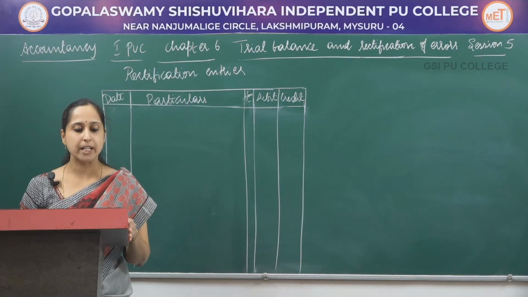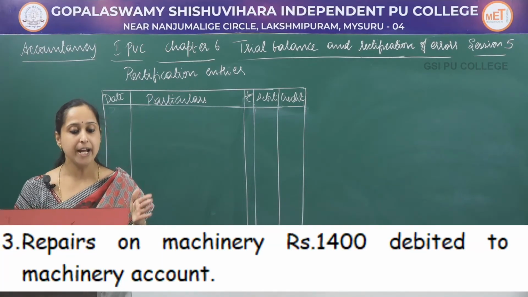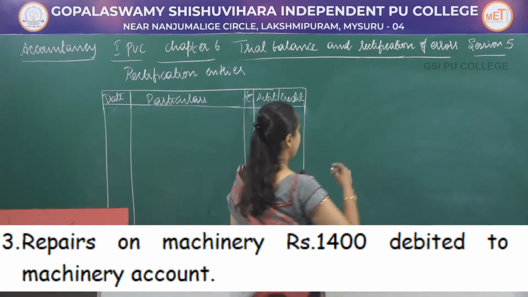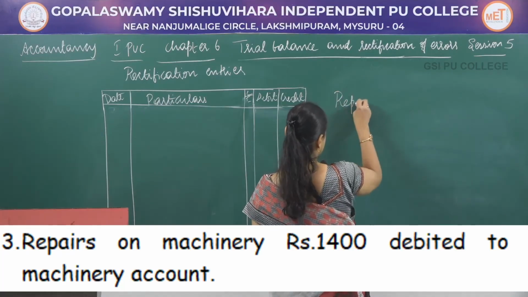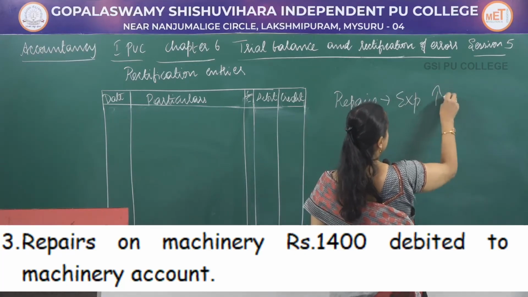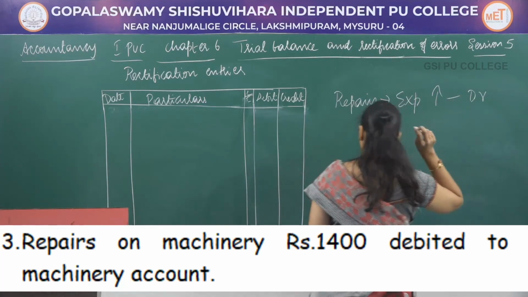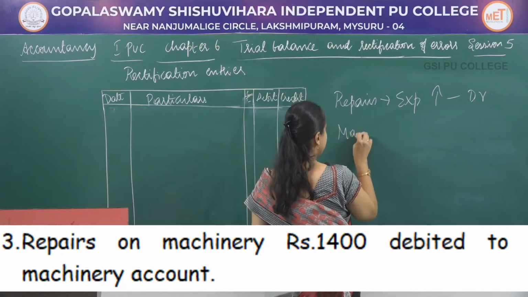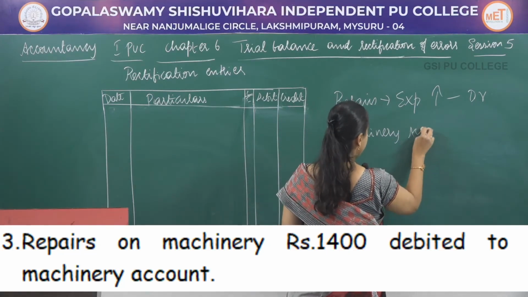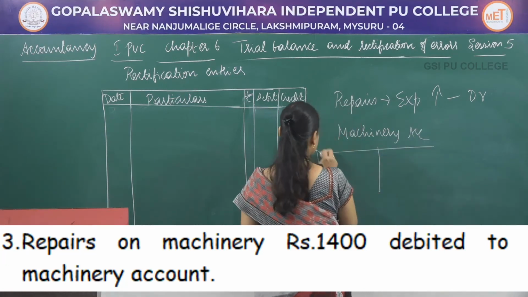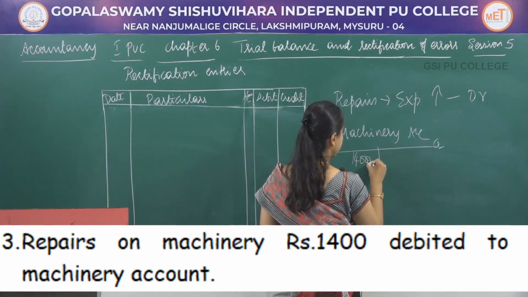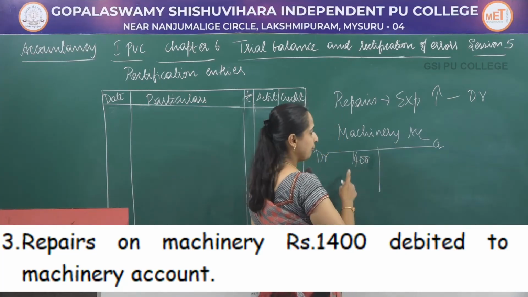Repairs on machinery rupees 1,400 debited to machinery account. See, they have spent amount on repairs. Repairs, it is an expense. So increase in expense, it must be debited. So what they have done, instead of debiting repairs account, they have debited machinery account, that is 1400.